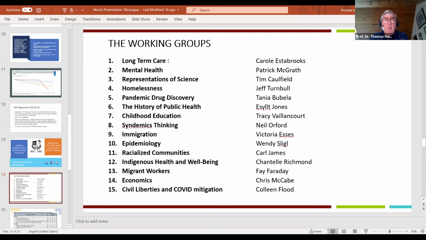All of those became risk factors for COVID-19.